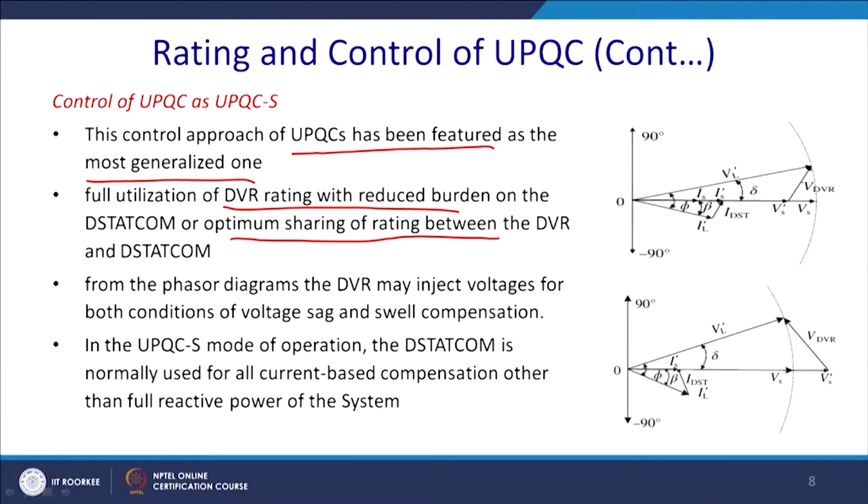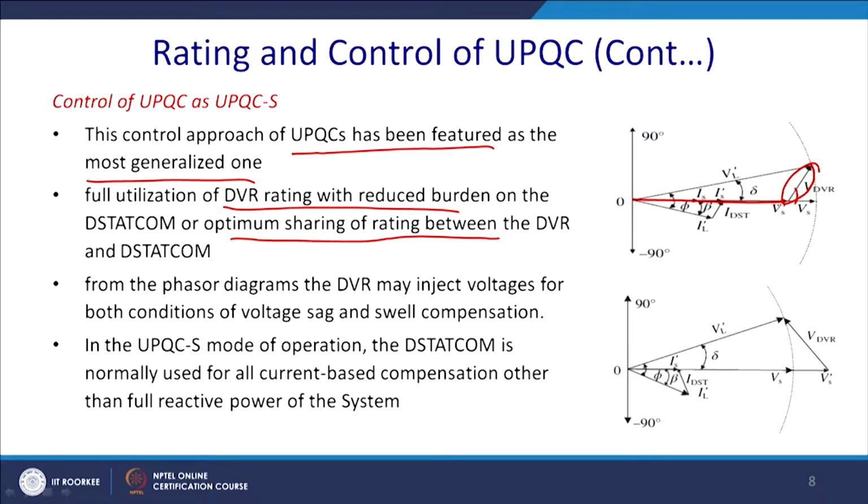So, let us understand the phasor. Here in this case the DVR not necessarily will inject the voltage in phase or quadrature; it can inject at any optimal angle. So, this was the voltage before compensation and the DVR injects some voltage with an angle.